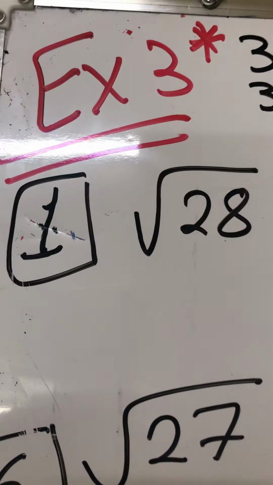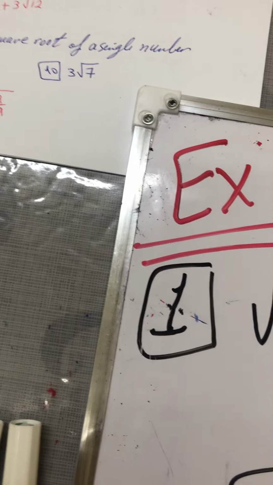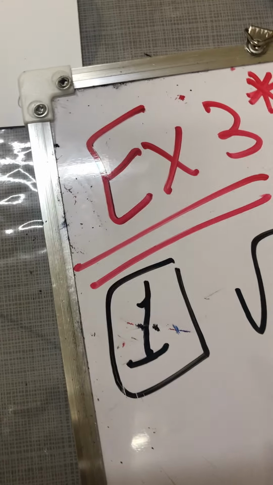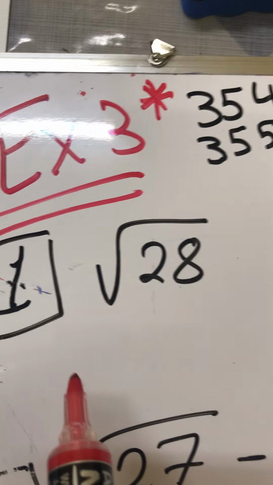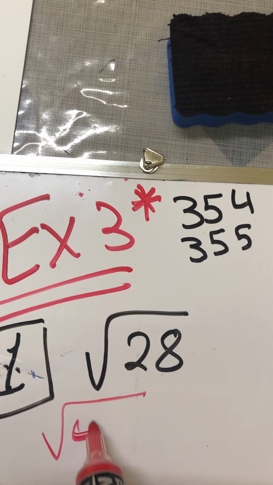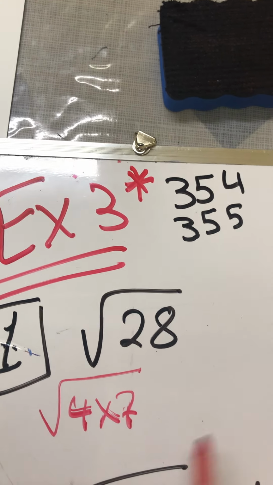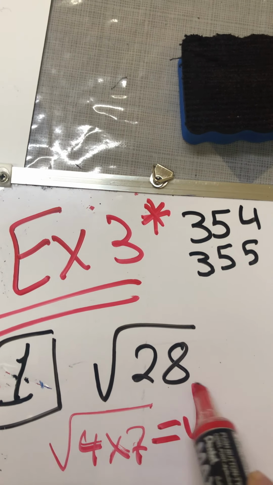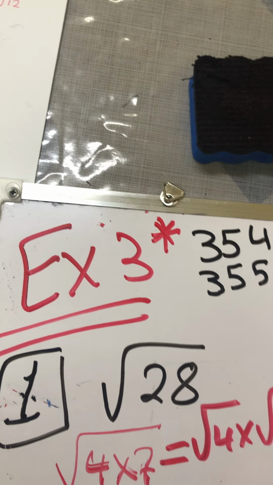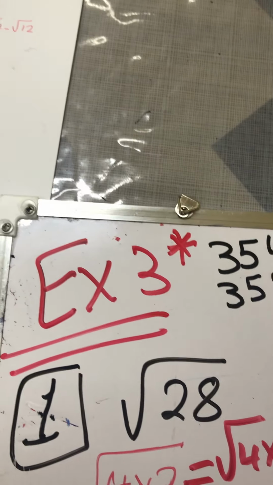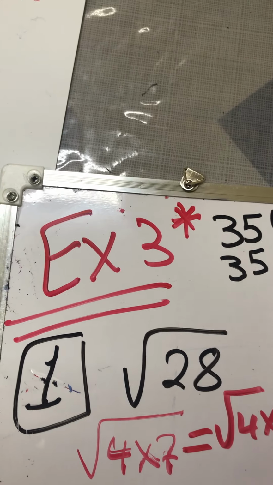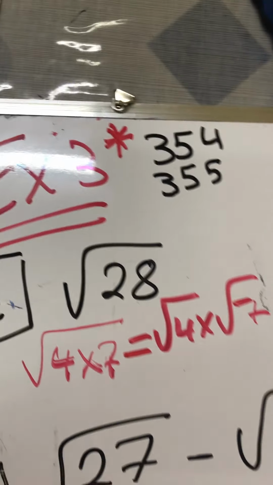Number 1, I want to simplify square root of 28. So I ask myself, what are the factors of 28? We have 4 multiply 7. We can write them as separate roots, like this.